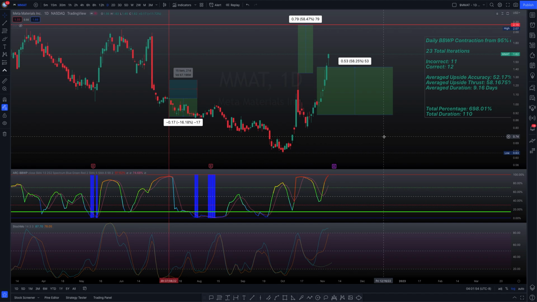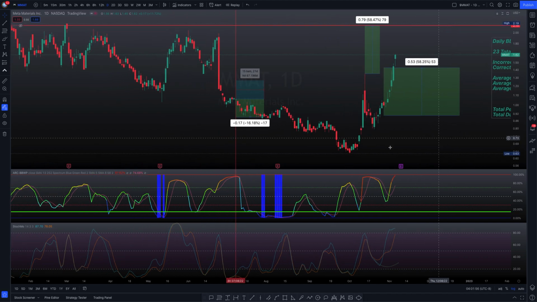The statistical metrics are followed every single time we have retraced from the 90th percentile or above. You can actually see the percentages right over here, you guys.